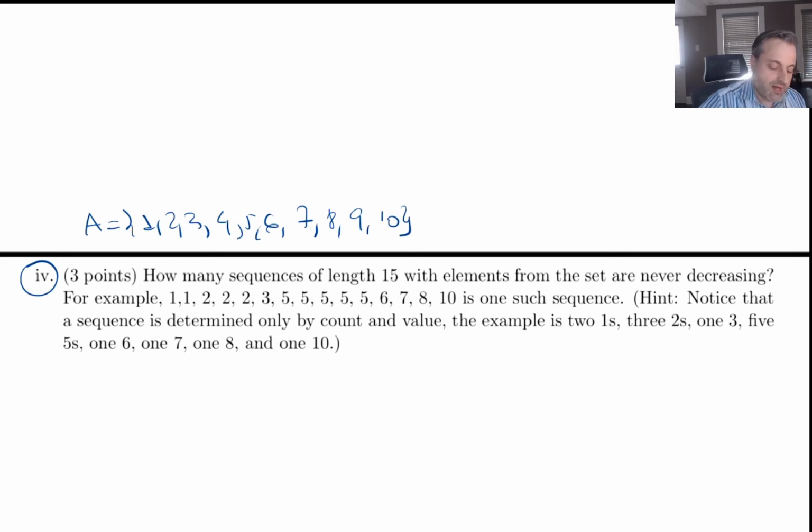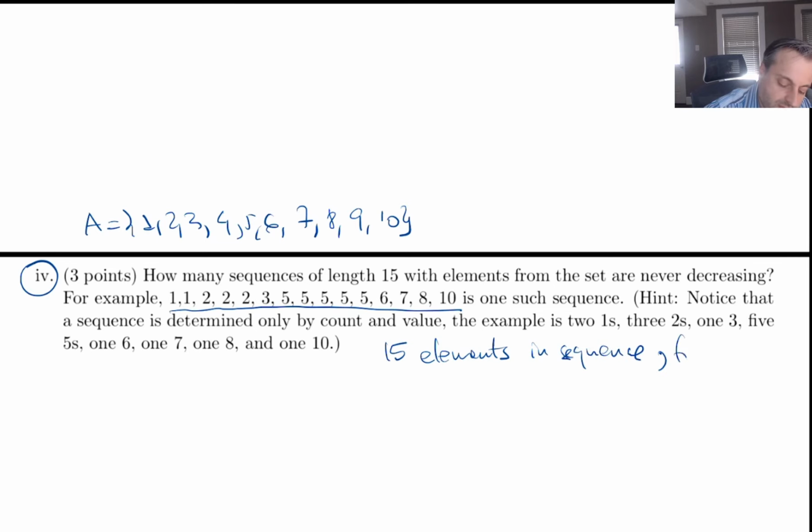And we want to create a sequence like this one here of 15. So we have 15 elements. That's fixed. We have a fixed order. The sequence has to be increasing.